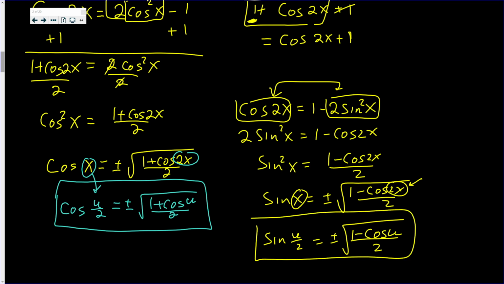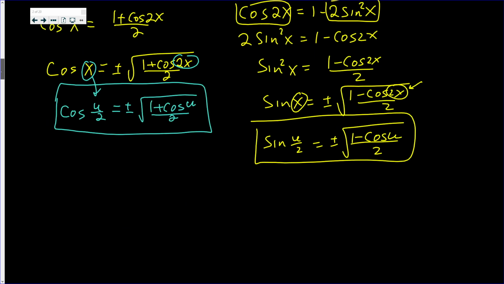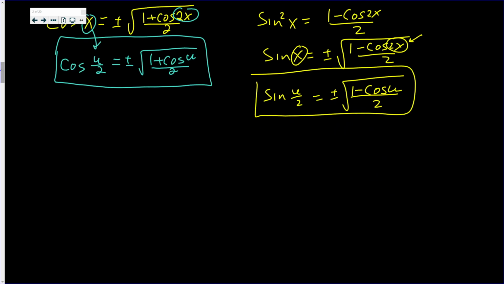Now, what this enables me to do is to find... we know the trig functions of 30 and 45. Well, what if I asked you, what is the sine of 15 degrees? Now, we did do this earlier with the sum and difference formulas.